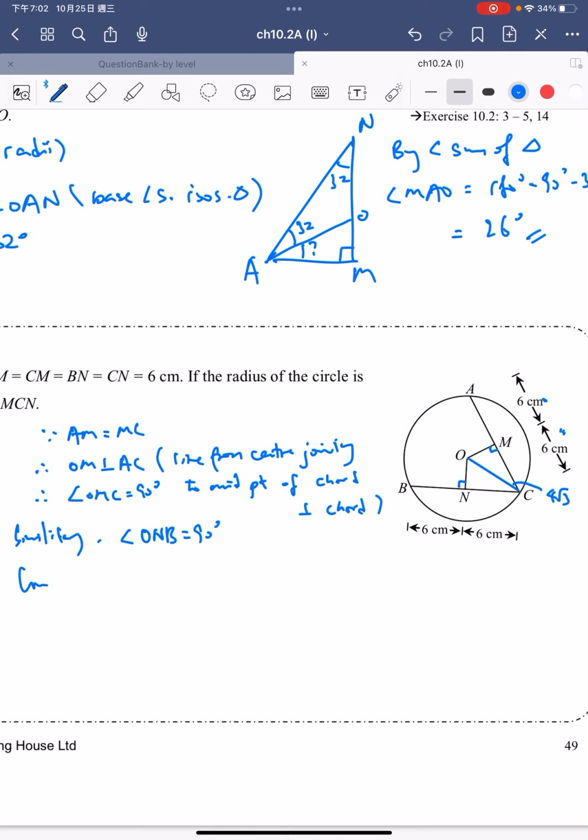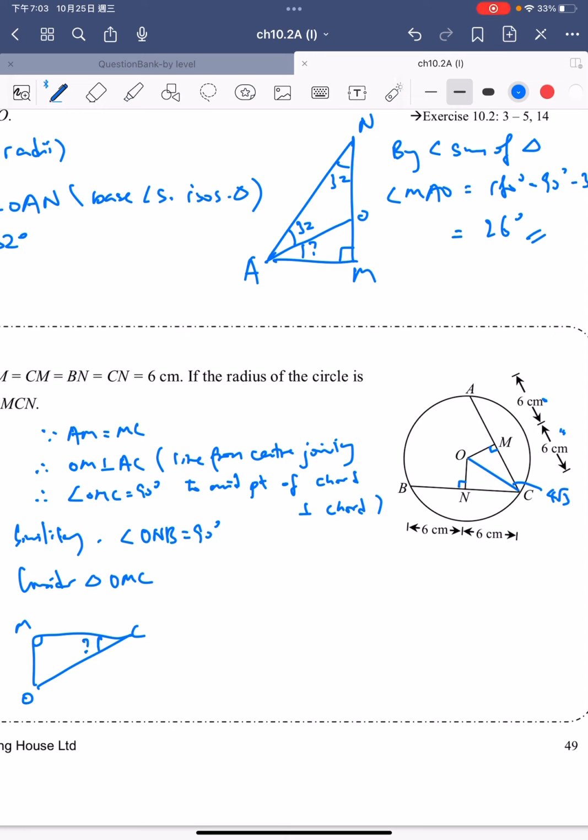So if we consider the triangle OMC, we draw it down. We have this triangle, isn't it? So angle of OMC is 90 degrees, and we want to find out the angle of MCO. MCO is this one.